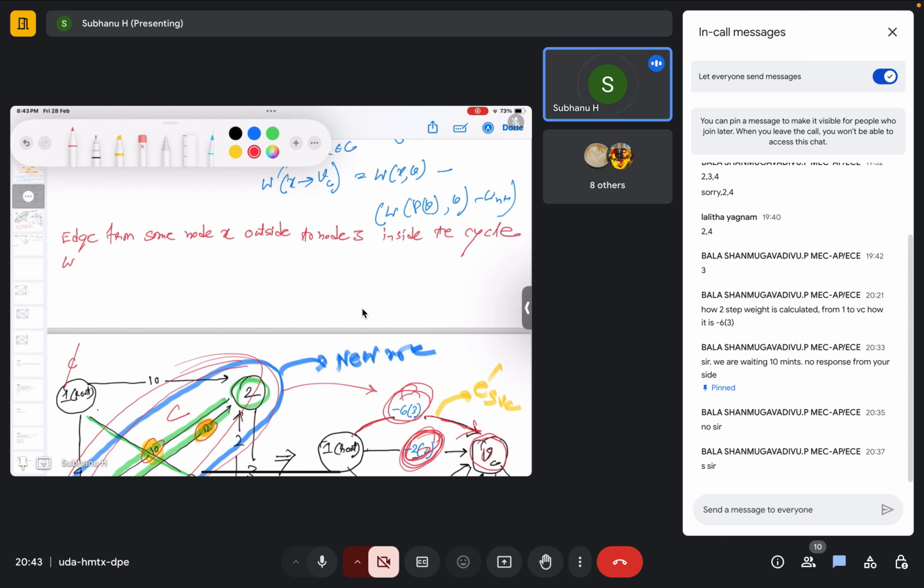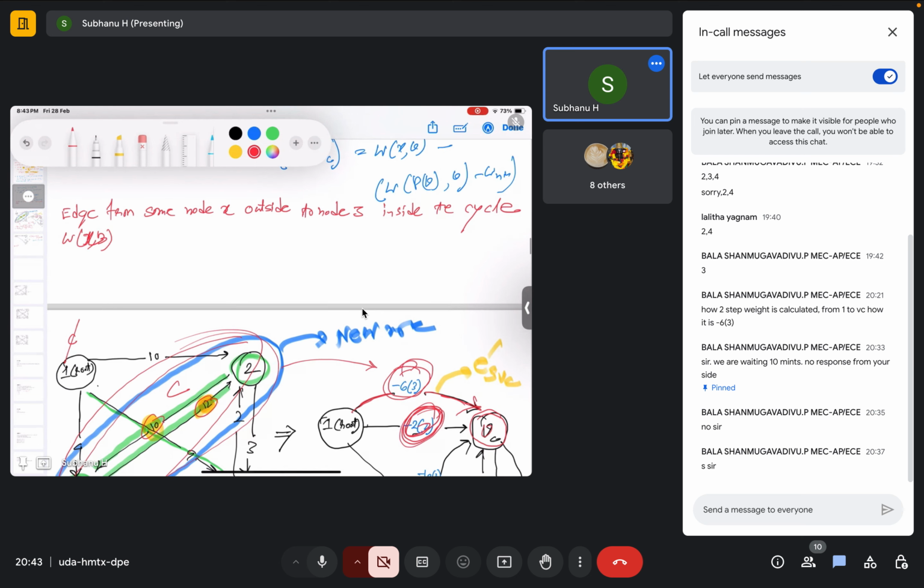So if it has the original weight x3, then I have to recalculate it. It is nothing but W x3 minus W P3, comma 3, minus W min.